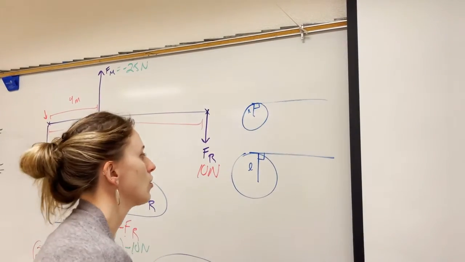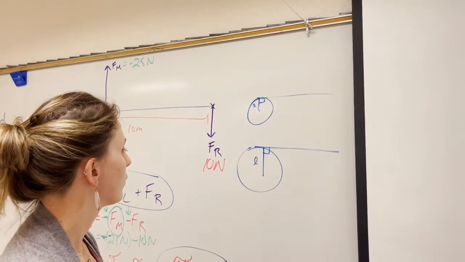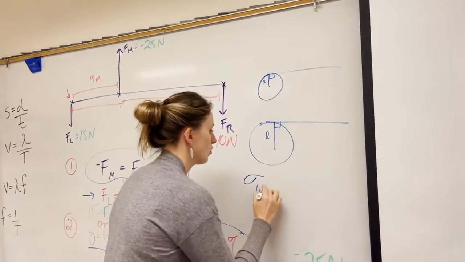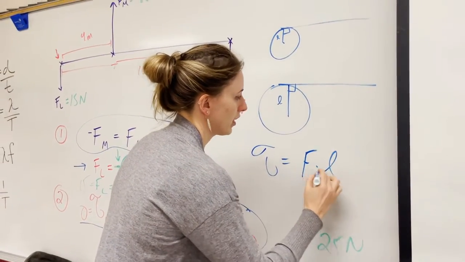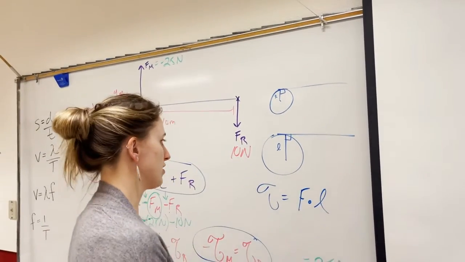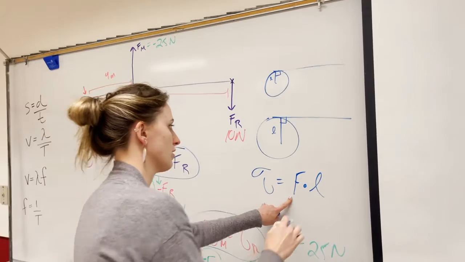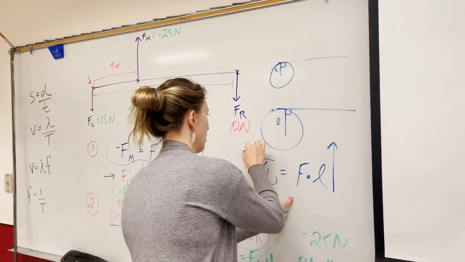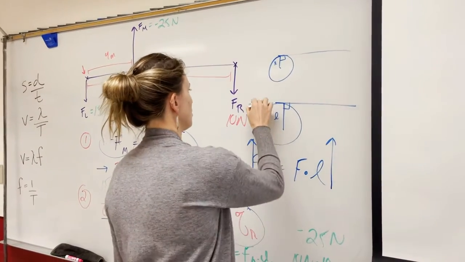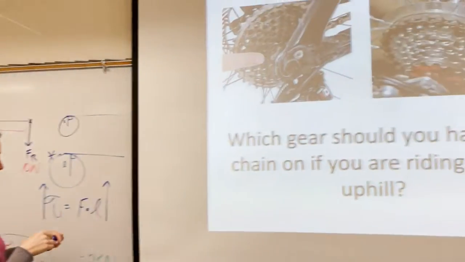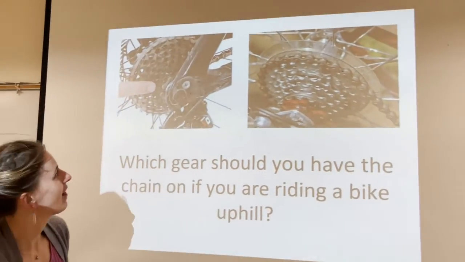If the force is the same, what's the equation for torque? Torque equals the force times the lever arm, right? A longer lever arm is a greater torque. So you want this one. You want to get into that big gear if you're going uphill.